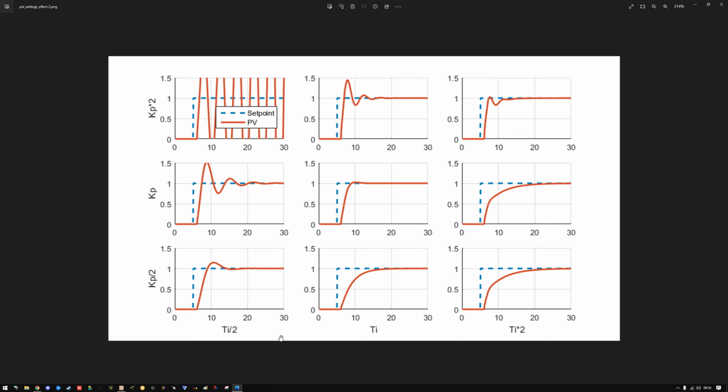In the case where our I is half of what it should be, or let's say it's very low in general, what we'll get is oscillations, right? And the size of these oscillations and the number of times that they overshoot or undershoot, as is the case in this graph here, for example, depends basically on the P value.